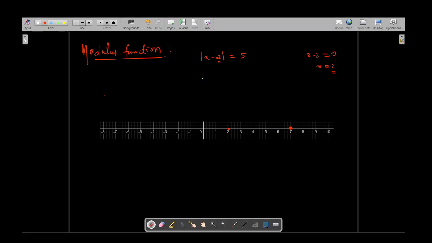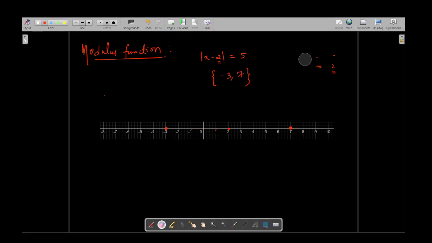This is one point. The other point is 1, 2, 3, 4, 5. So this is the other point. So the points are minus 3 and plus 7, inside the flower brackets, minus 3 and 7.